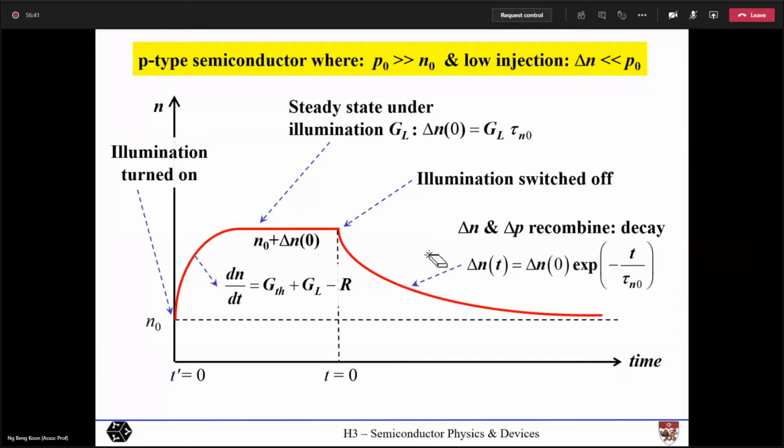At this period, can I assume that the illumination rate is constant? Yes. In fact, in the discussions that we have, we are basically treating GL as a constant. So it's a constant illumination. Okay, thank you. So GL is a constant.